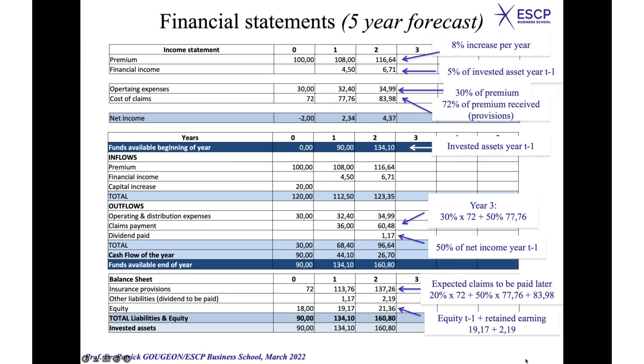So altogether you see that the total liabilities plus equity is 160.80, and this will be the new invested asset at the end of year 2.